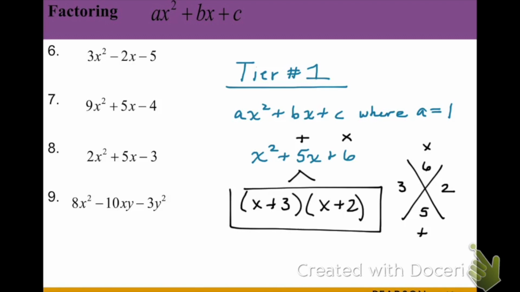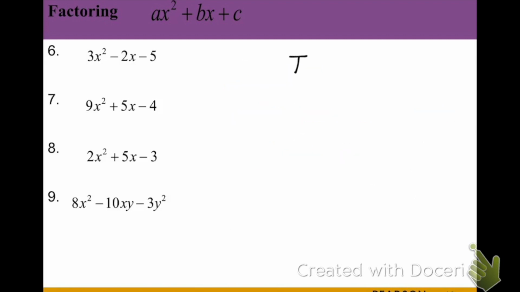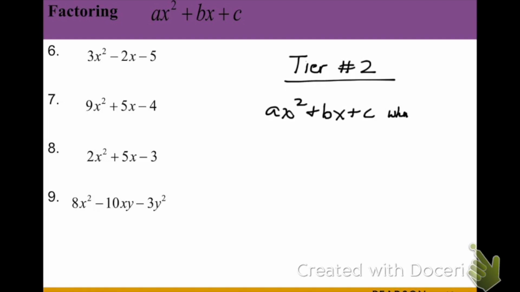In the case, though, where a is not equal to 1, this is where we get into tier 2. It's very similar to the tier 1 trinomial factoring, but in this case we have to add one extra step. So for this first example here, if we look at number 6, we notice that we're given an a value of 3, a b value of -2, and a c value of -5.